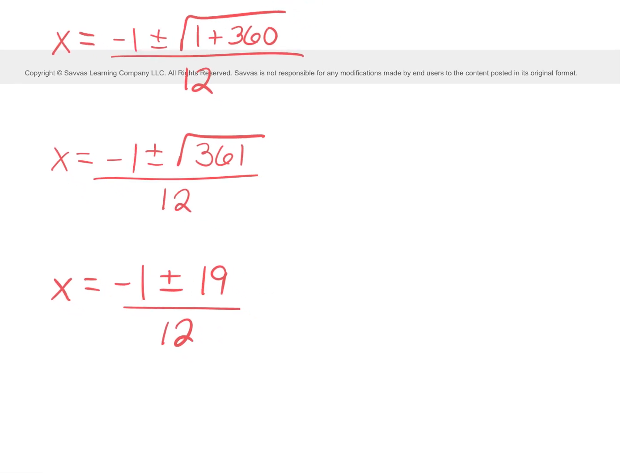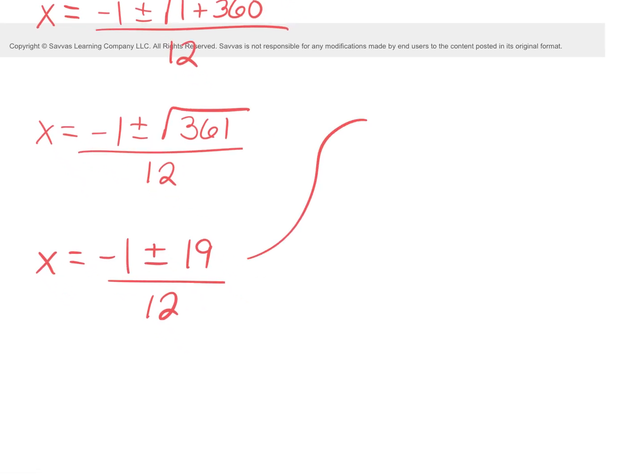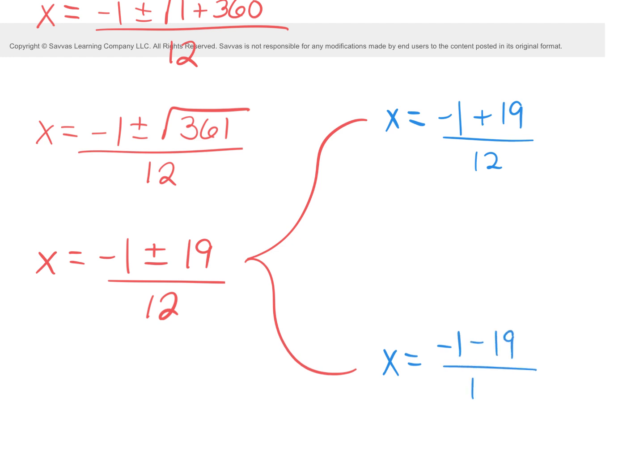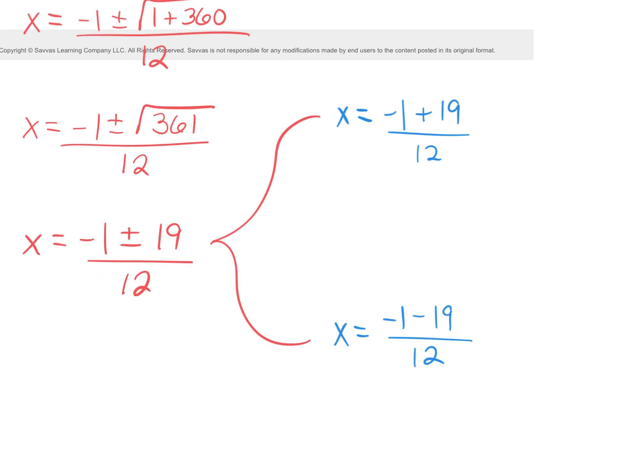Right, I can solve for my 2 separate equations. So what's my first option here? x equals negative 1 plus 19 divided by 12. My second option is negative 1 minus 19 divided by 12. I just split up the positive and negative. So now we just solve both of them separately.